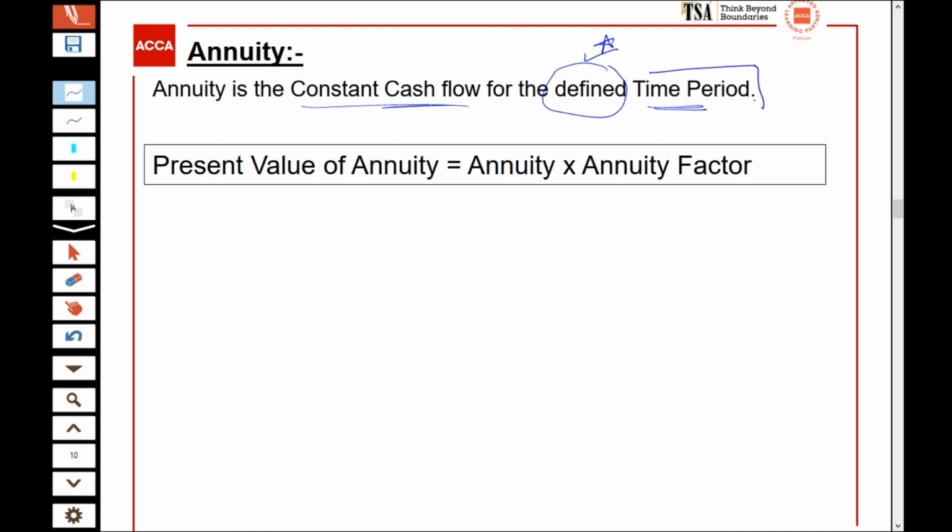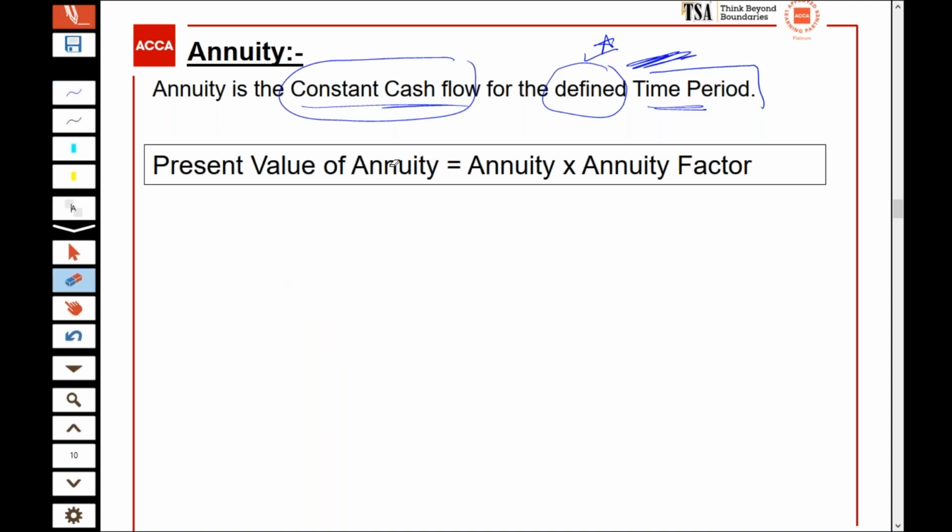For example, you have invested an amount in a bank and the bank is giving you $10,000 every year. This 10,000 is a constant cash flow, but the time period is already defined.